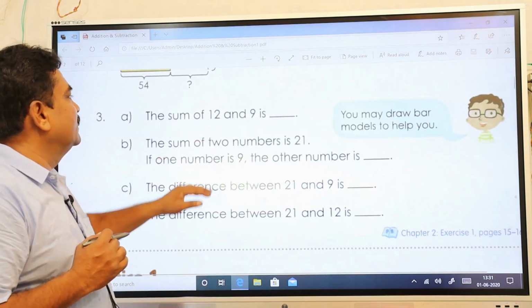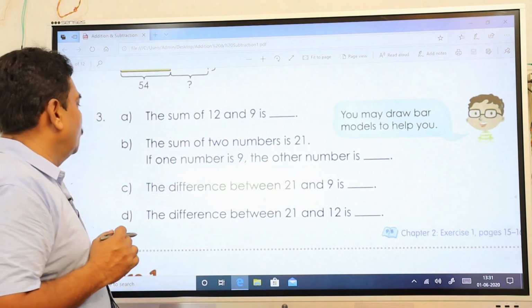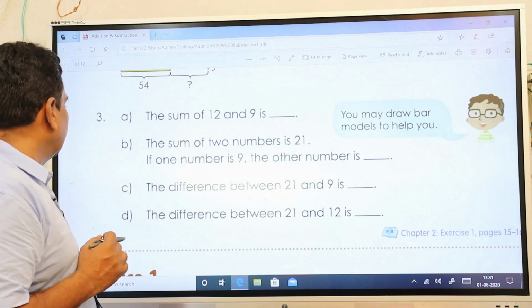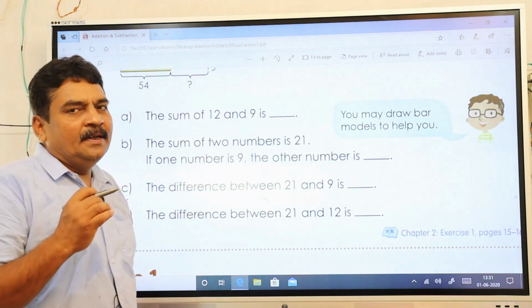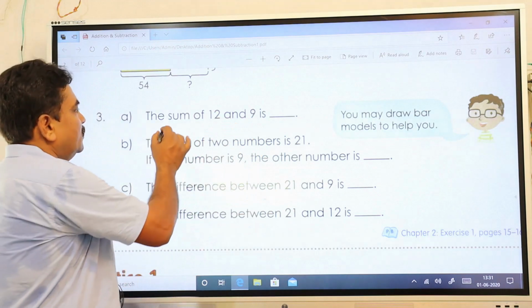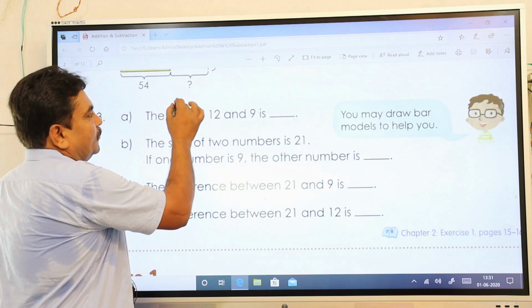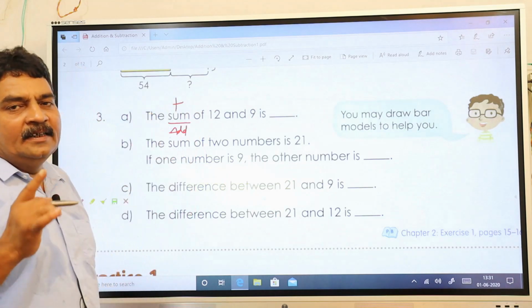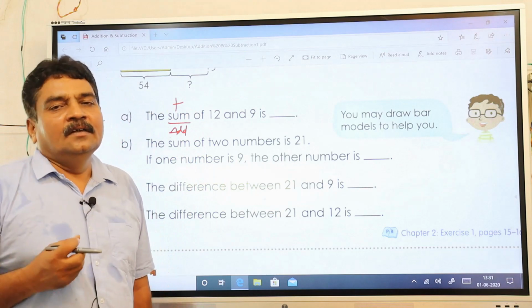The next one here is the sum of 12 and 9. As I told you, what is sum? Sum means addition. You have to add, right? For addition, I told you the bigger number you should first take care of.